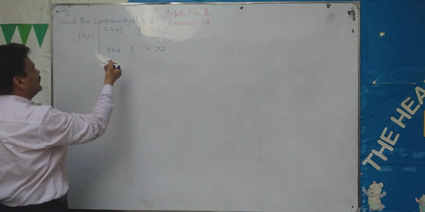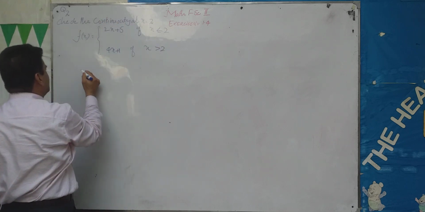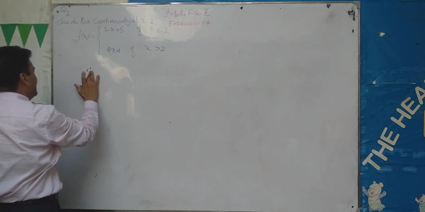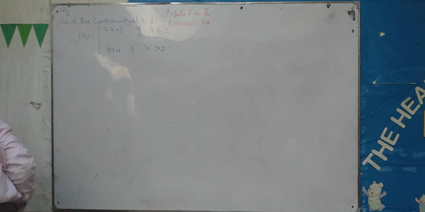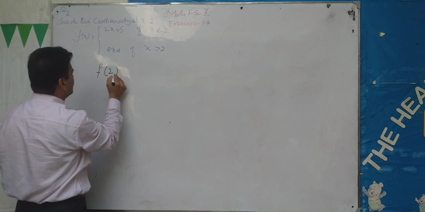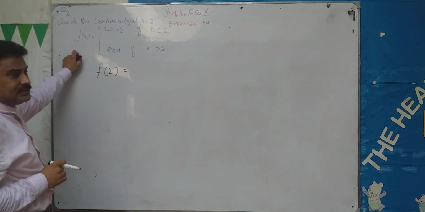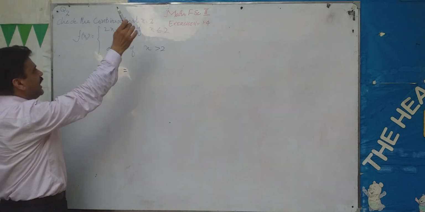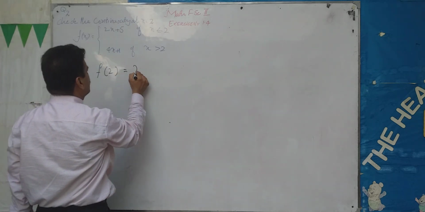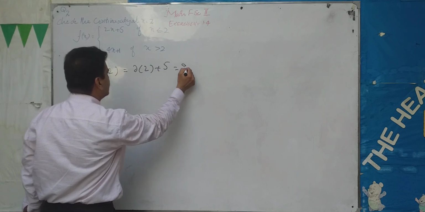First of all, we put x equal to 2 in the given function to check whether the function is defined or not. When we put x equal to 2, we get 2 multiplied by 2 plus 5, which is 9.